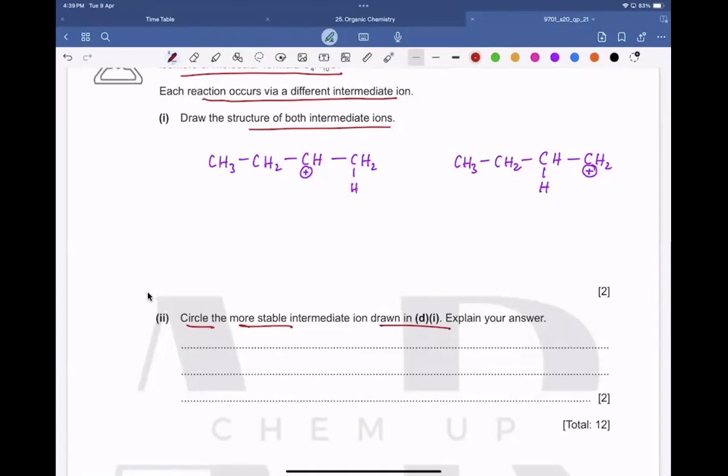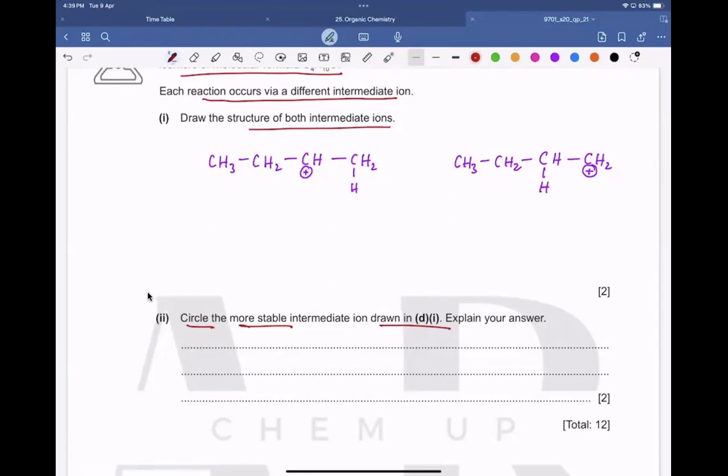Because it's a secondary carbocation. The carbon which got a positive charge has one hydrogen only, and the other carbon with the positive charge has two hydrogens only. So one is a primary carbocation, and the other is a secondary carbocation.